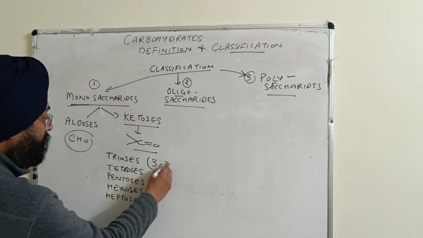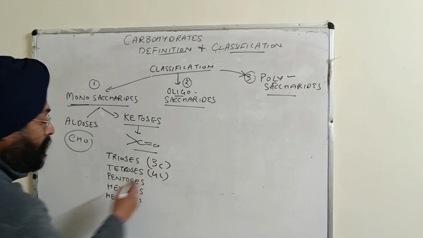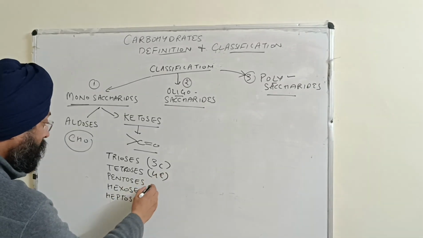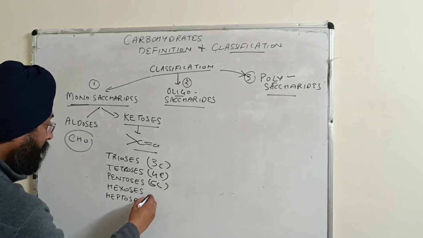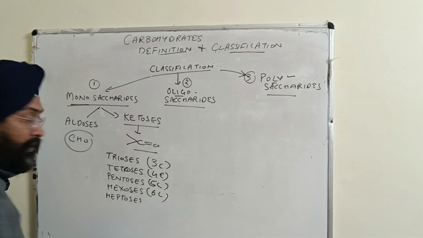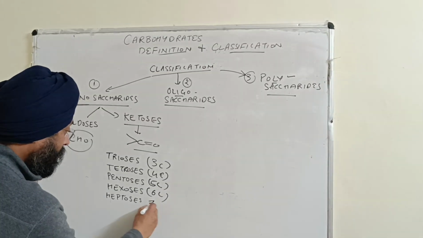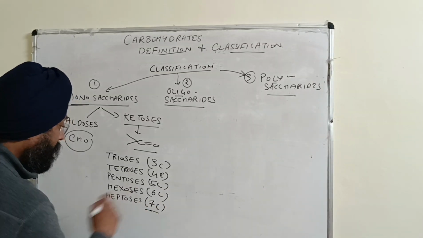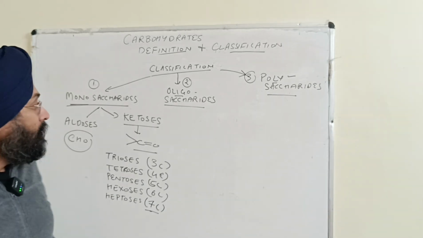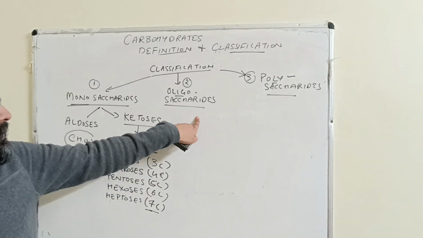Trioses contain 3 carbons, tetroses contain 4 carbons, pentoses contain 5 carbons, hexoses contain 6 carbons, and heptoses contain 7 carbons, right?